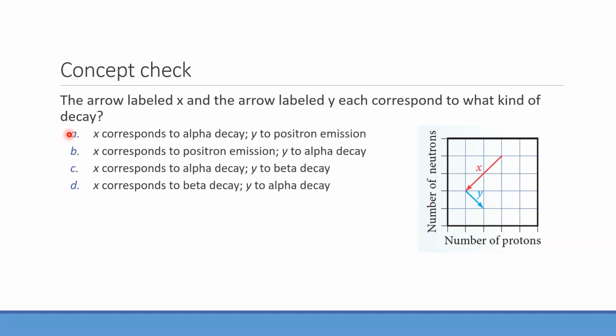And we see that A and C give us both of those options, alpha decay. Okay, so what is this blue arrow showing? Is it showing us positron emission or beta decay? Well, if we're going from a neutron to a proton, that means that we are losing an electron, so that must mean beta decay. So the answer to this concept check question is C. X corresponds to alpha decay, and Y to beta decay.